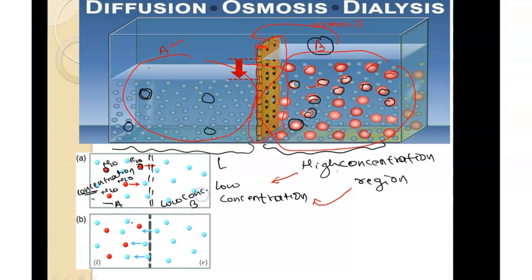Water particles usually move from the higher concentration region to the lower concentration region, and the exchange should happen through a permeable membrane. Then the water particles will move towards here and deposit here. This kind of exchange of water particles is called osmosis.